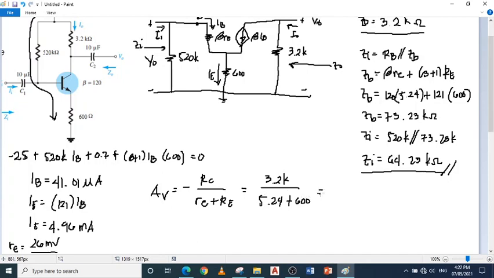So, ang AV natin, don't forget the sign. So, 3.2K over 5.24 plus 600.